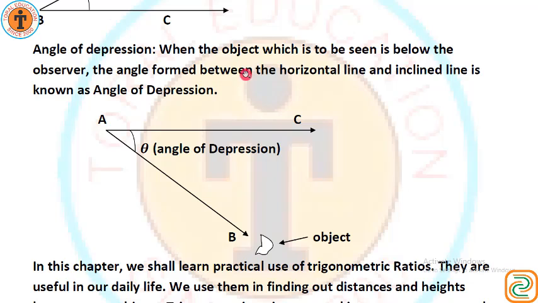The angle formed between the horizontal line AC and the inclined line AB is known as the angle of depression. So angle BAC or angle CAB is known as the angle of depression, that is theta. Here also I have taken theta.